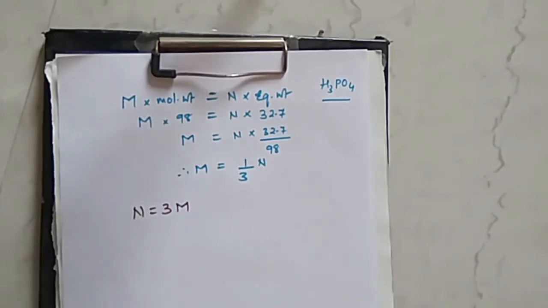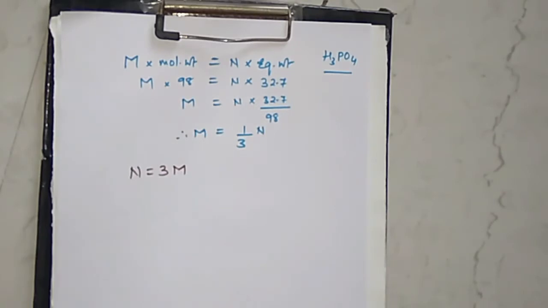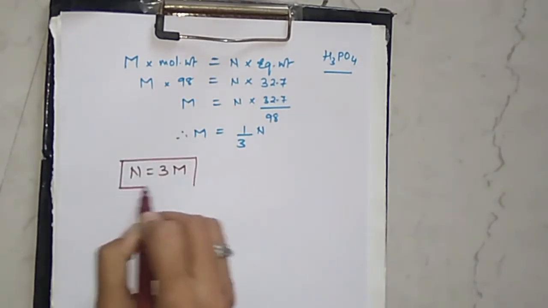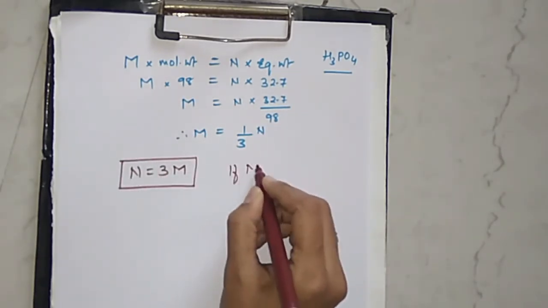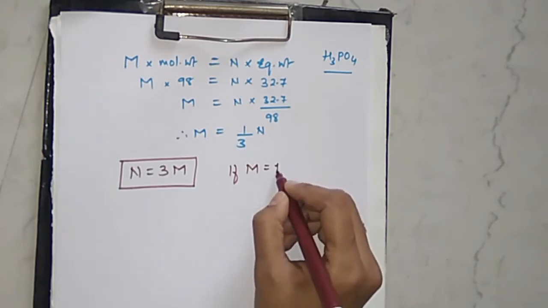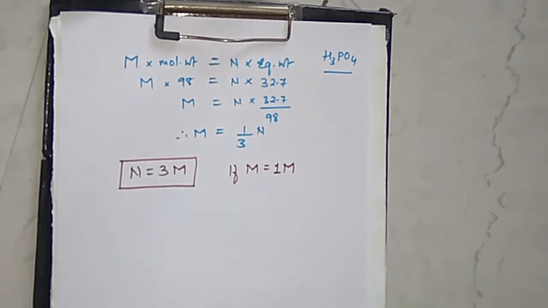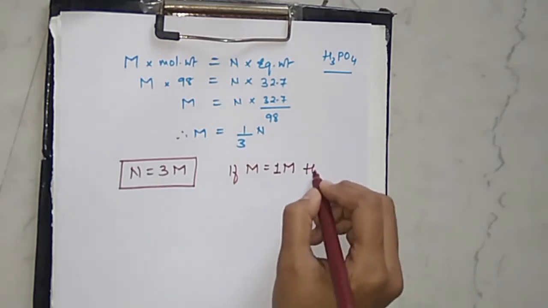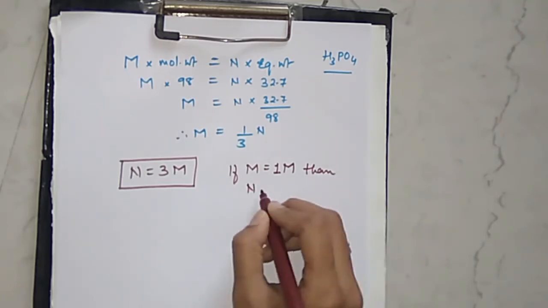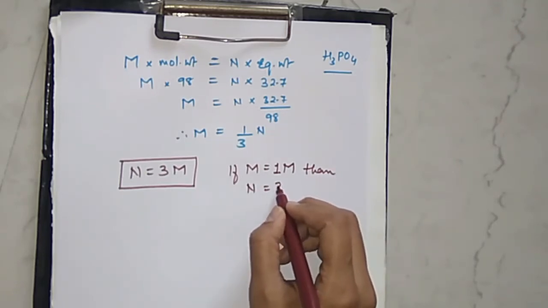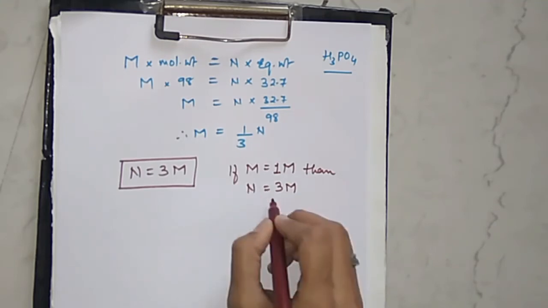This relation shows that if the molarity of the solution is 1 molar, then the normality of the solution will be thrice the molarity, so normality will be 3.